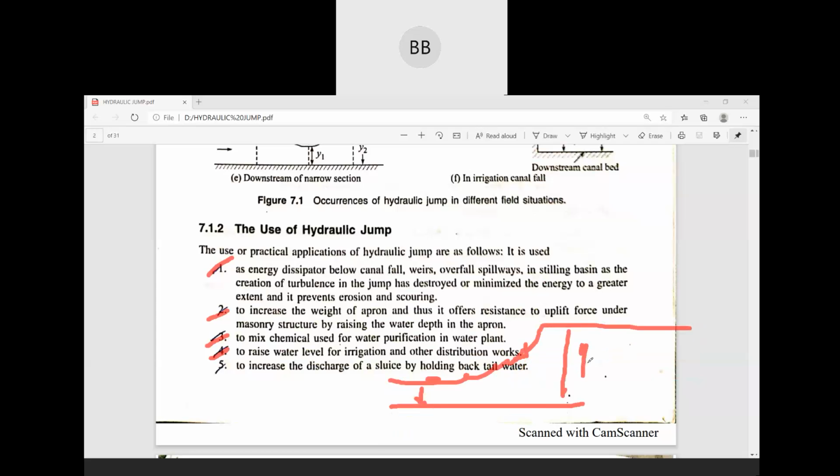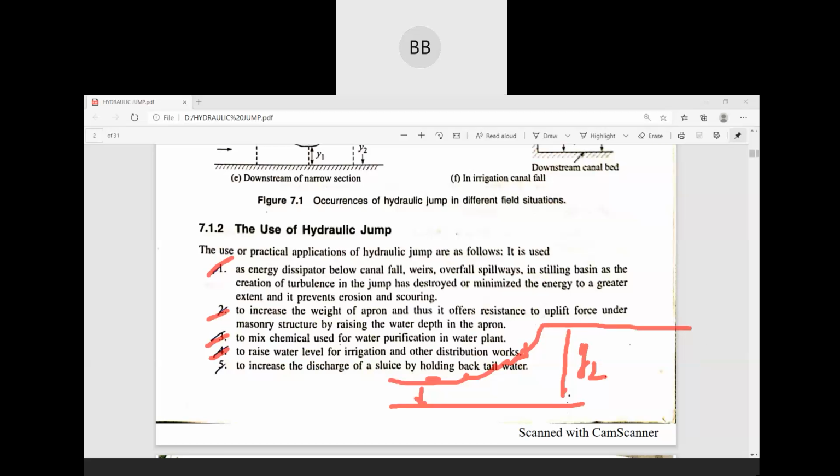So when it increases, we can easily divert the flow for irrigation or other works. So in those cases also, we sometimes use hydraulic jump to divert the water for irrigation.